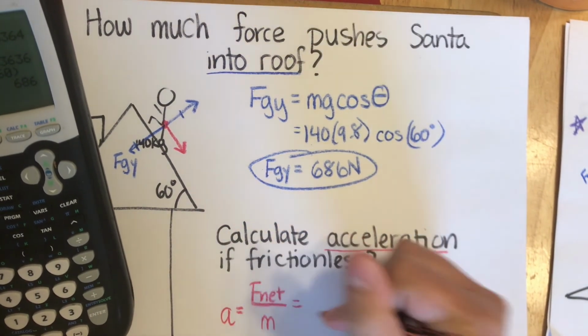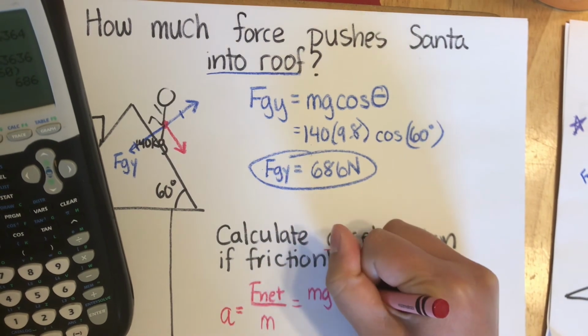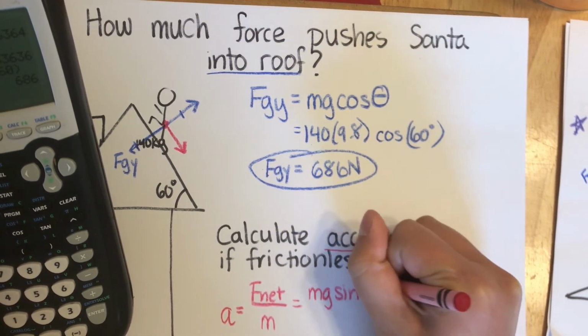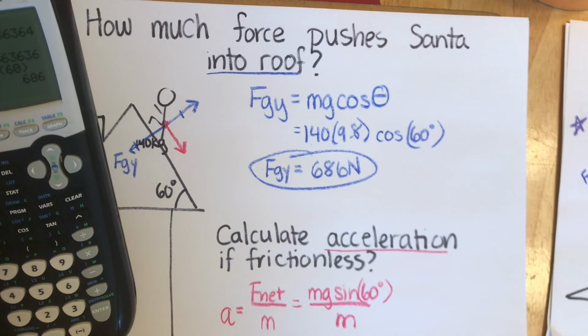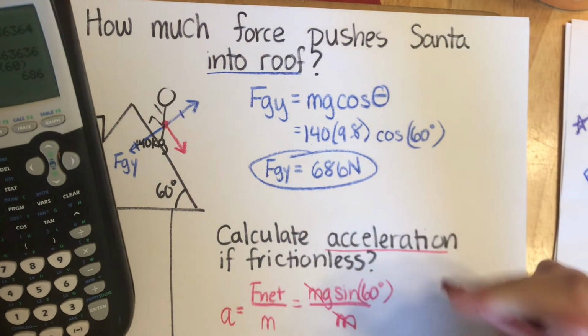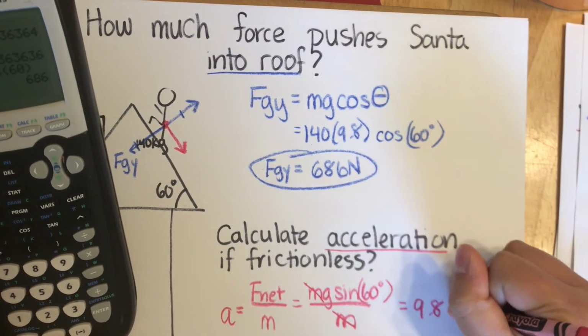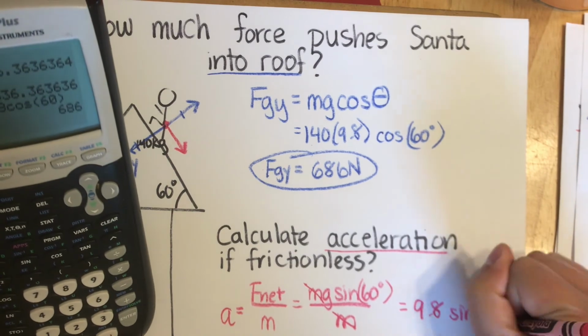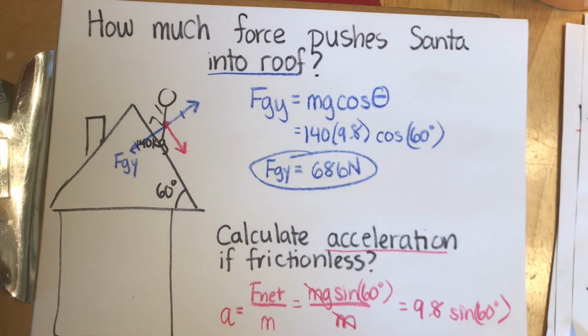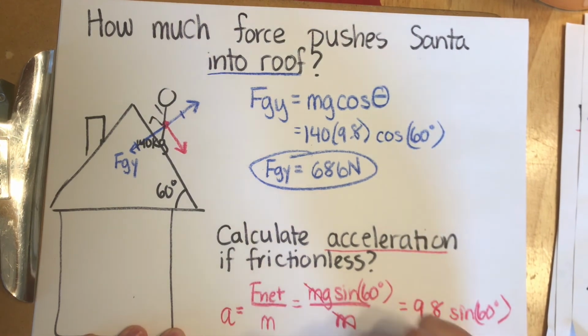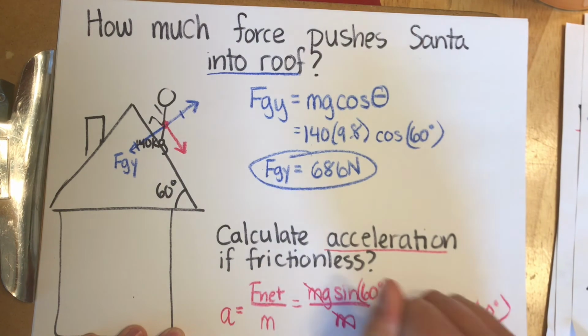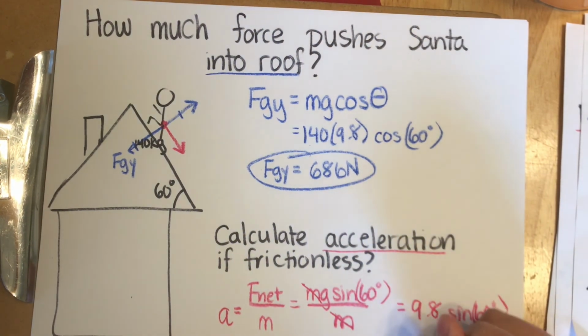But it gets worse, because Santa's not going through the roof. There's only one force in the x direction, the red one, and that's your FGX, the mg sine theta thing. But notice that the mass cancels. In the x direction, your acceleration doesn't depend on mass. And we saw that in the lab. And when I plugged this into my calculator, bad news for Santa here.